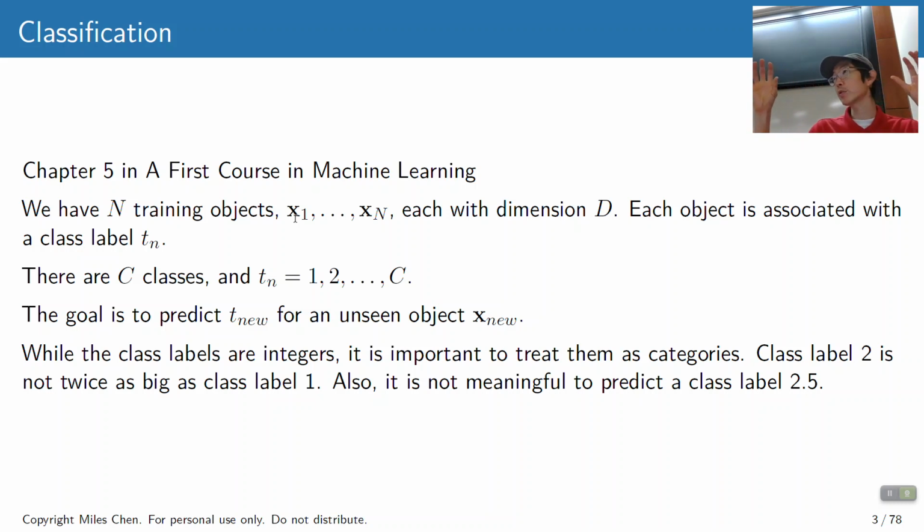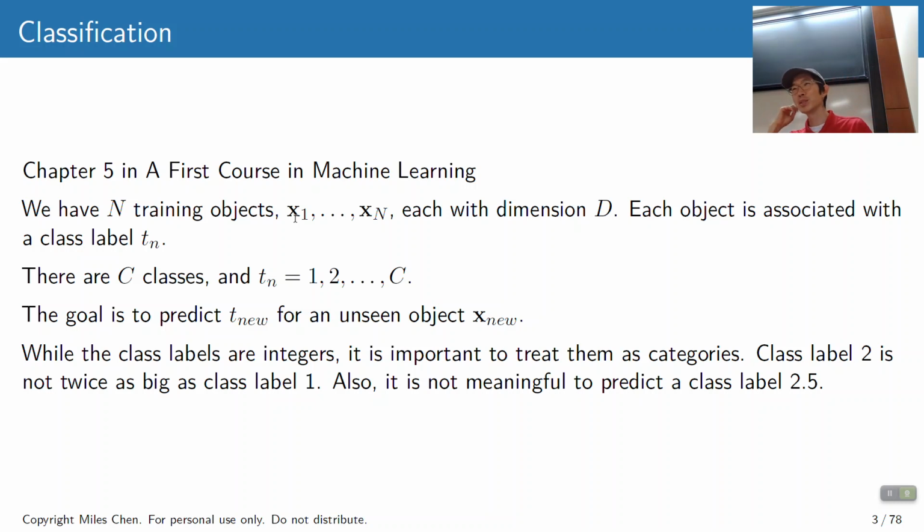And each of those observations is associated with some kind of label. In the IRIS data set, your labels are setosa, virginica, versicolor. Here we would label these class 1, maybe setosa, class 2, virginica, class 3, versicolor. Is that the order they're in?